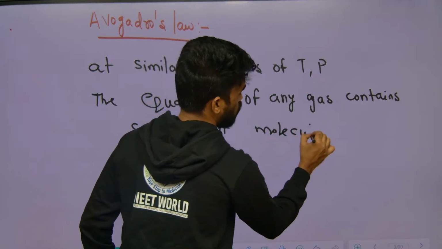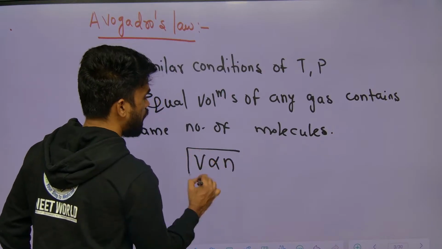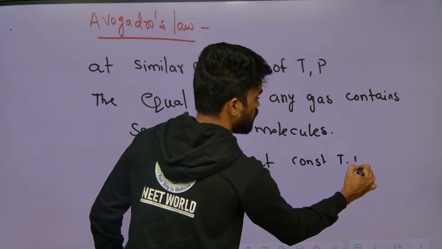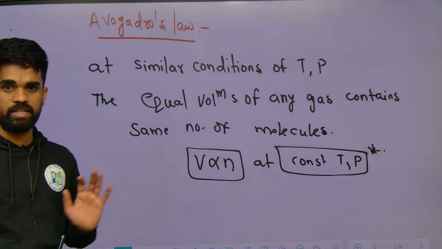It is nothing but moles also, we can say. It means volume is directly proportional to n at constant temperature and pressure. This is a basic formula to be remembered.